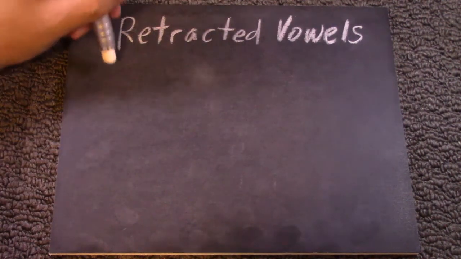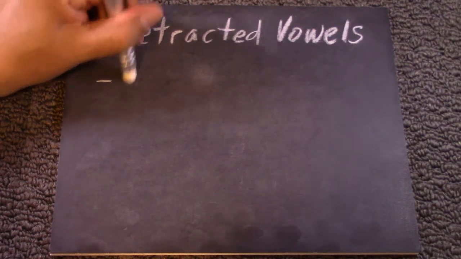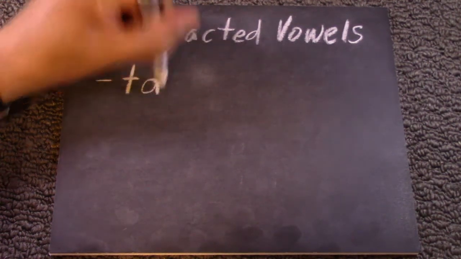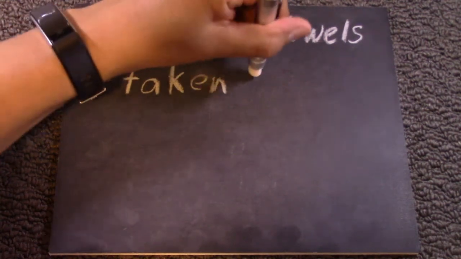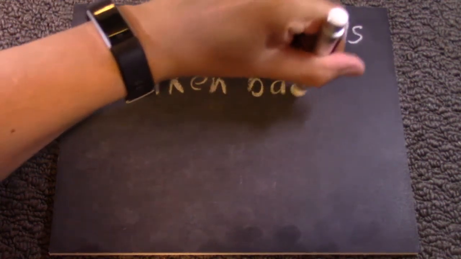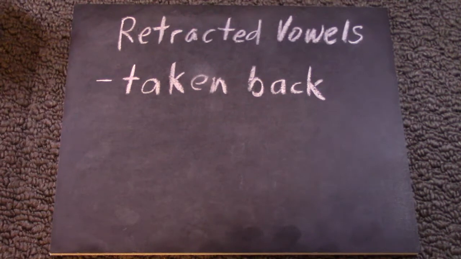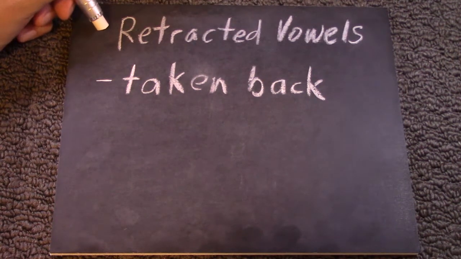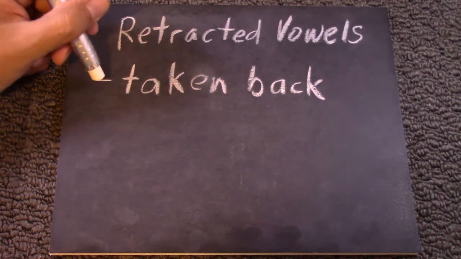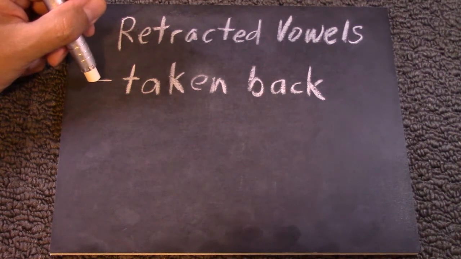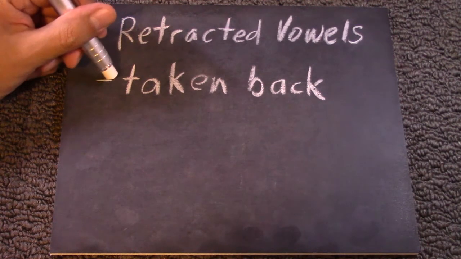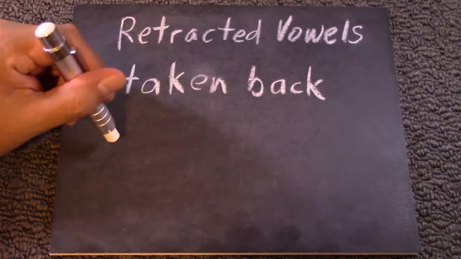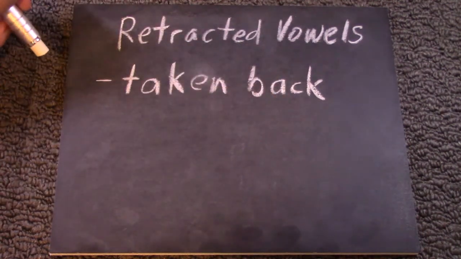So retracted is another word for taken back. So a retracted vowel is like a regular vowel, but the position of your tongue changes. So instead of your tongue being more towards the front of your mouth, it's actually moving towards the back.